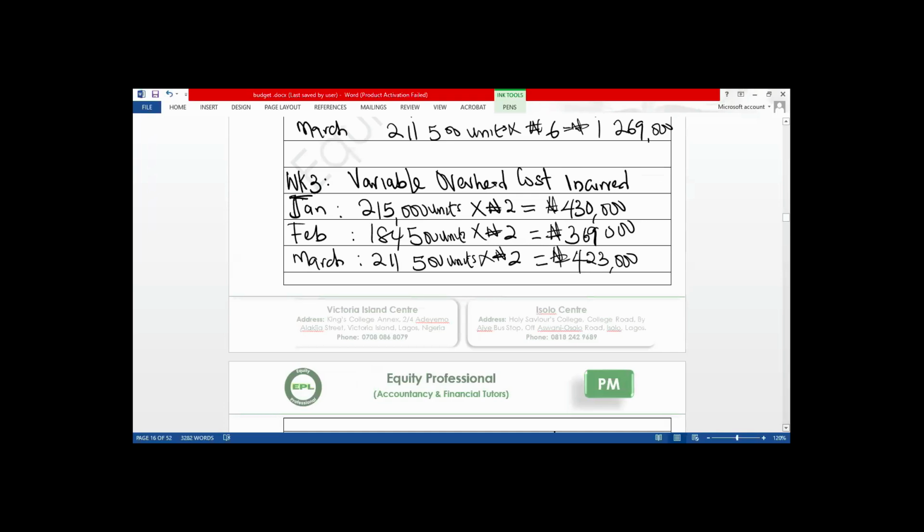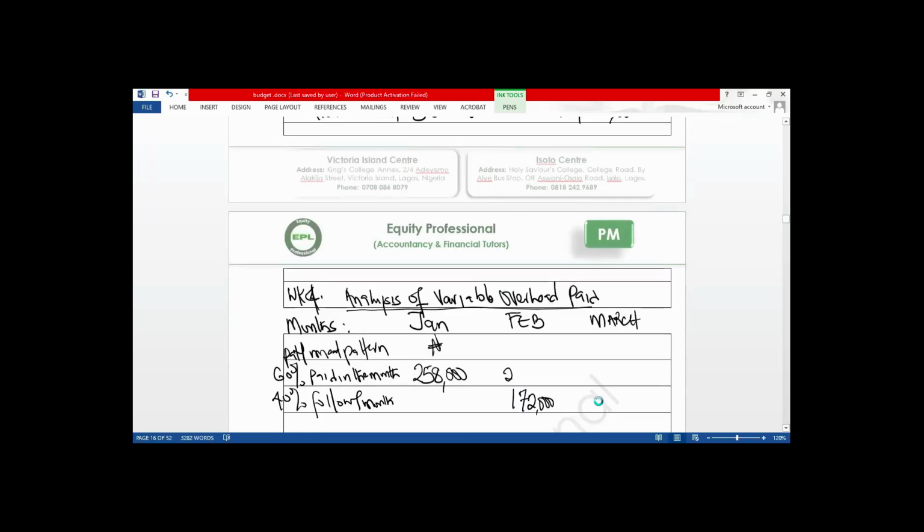Place it under February. 40% paid in March: 147,600. Place under March.